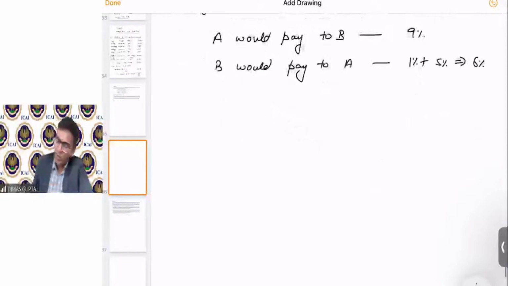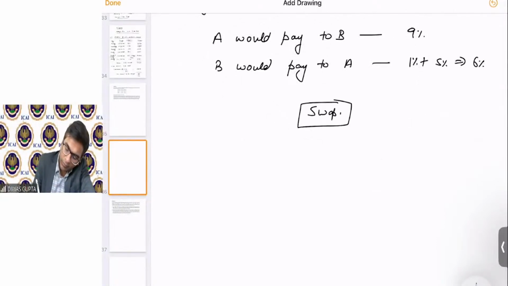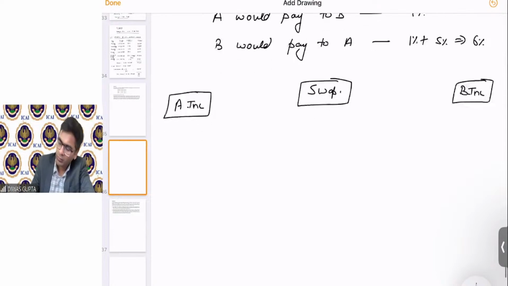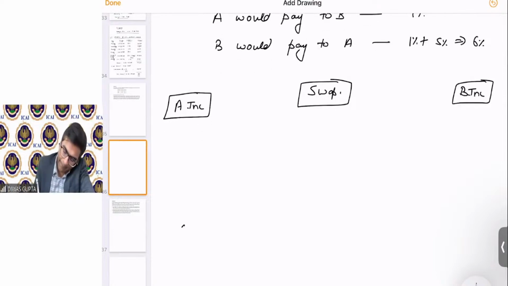Okay. Now let's talk about this swap. So A will end up borrowing yen, correct? And pay how much? 5%.